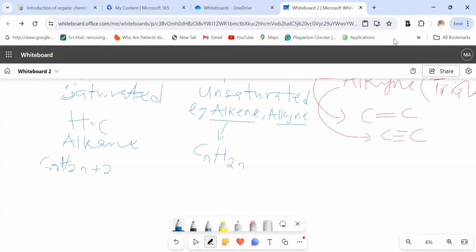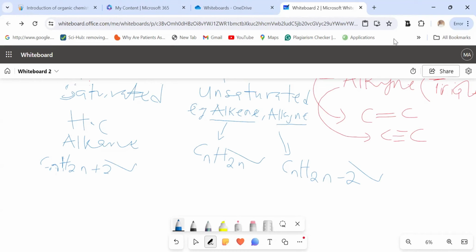And the general formula for alkyne is CnH2n-2. So ladies and gentlemen, these are the classification of organic compounds.